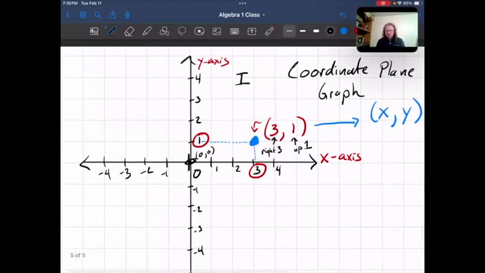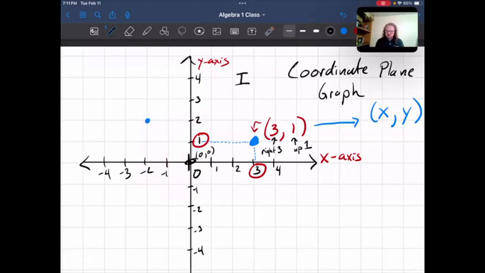Now I could move left, and that's still going to be okay. So let's say I move left and up, and I've got a point over here. Well, for this one, all I did was I moved left 1, 2. So the x value is -2, and I moved up 2. So the y value is 2, right? It's along the same line as those two values.